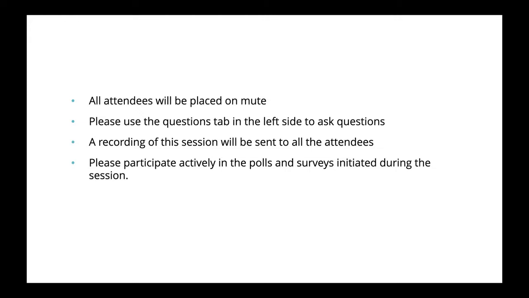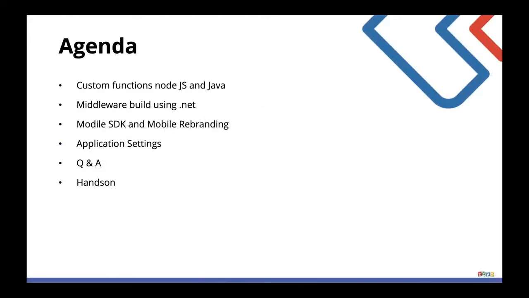Okay. So let us get started with the agenda of today. We have the pending syllabus of third-party API integration. We'll be starting with that. Then we'll be moving to custom functions using Java and Node.js. We'll be taking a look at middlewares which are built using Python and Java. So .NET, I don't think we'll be doing today.